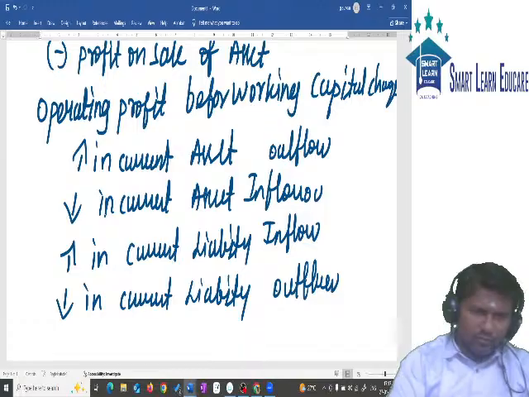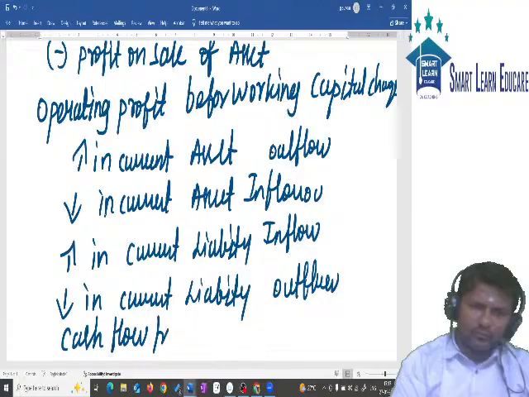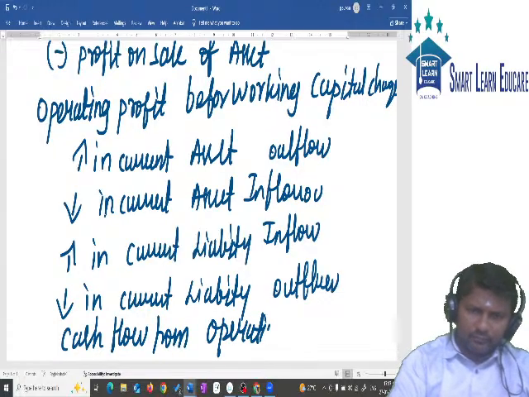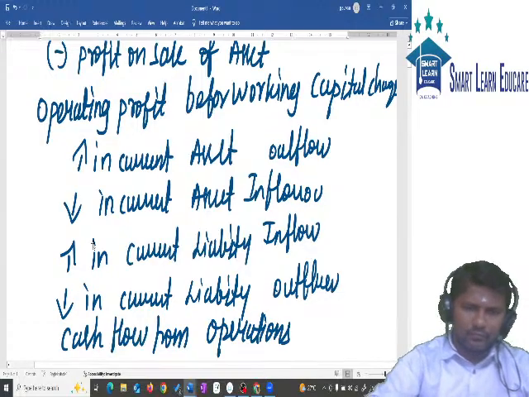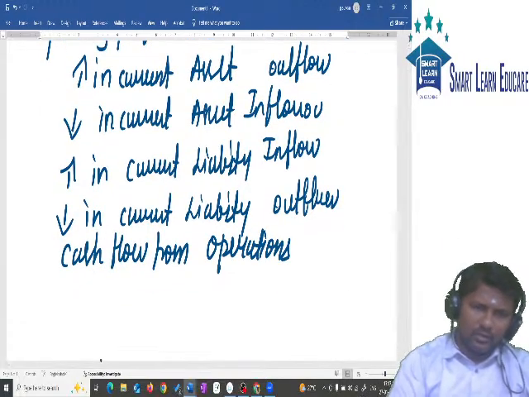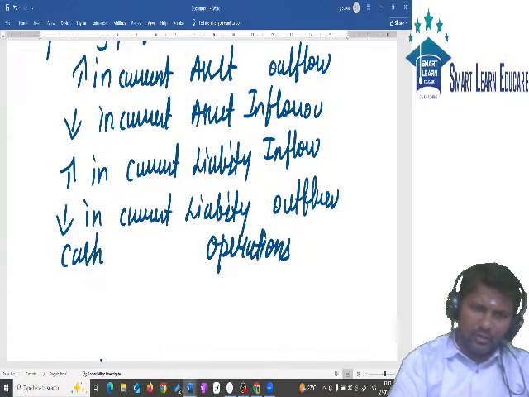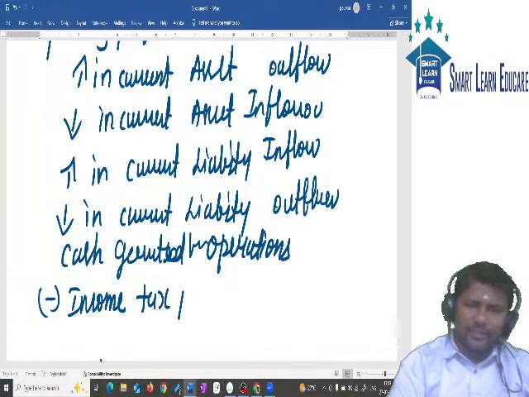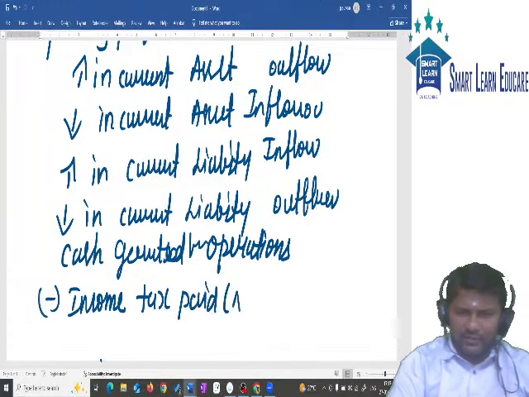So this will give you cash flow from operation, or cash generated from operations, less income tax paid, net of income tax refund.